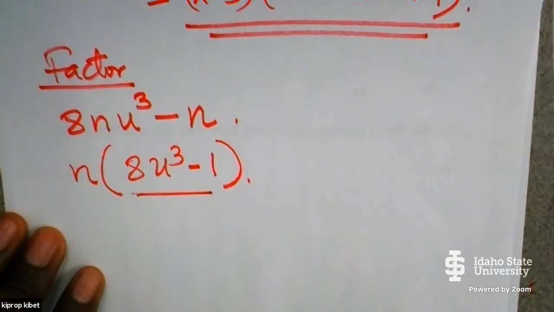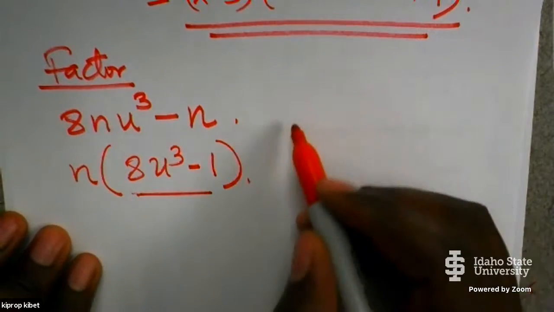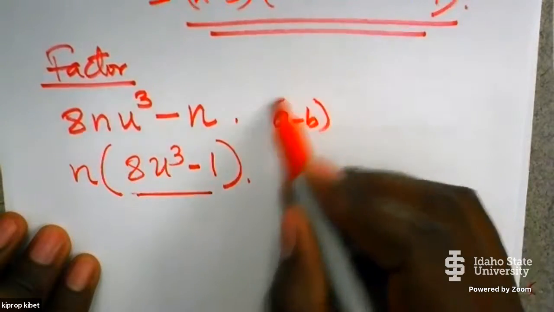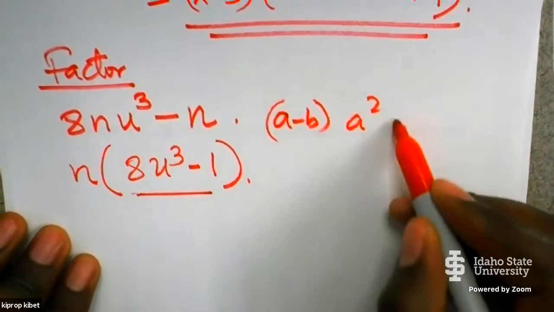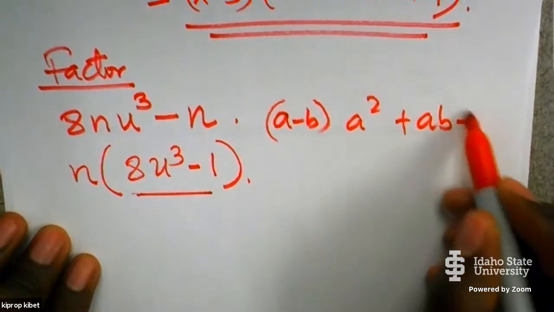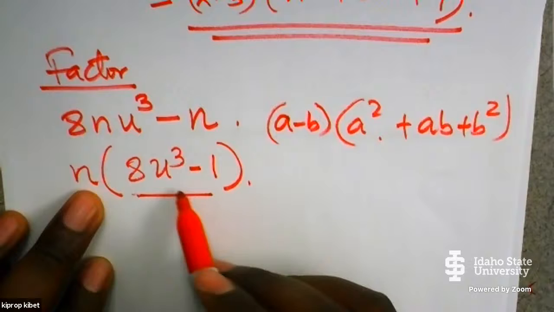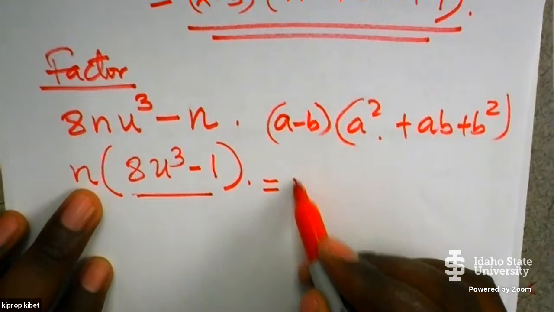The inside one is like number 2, right? So we write in the form a minus b, a squared plus ab plus b squared.